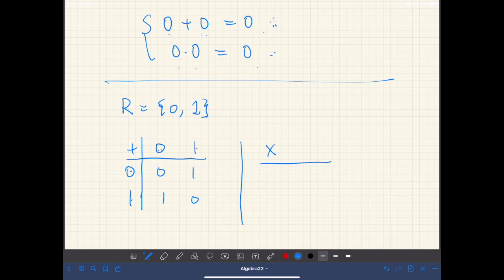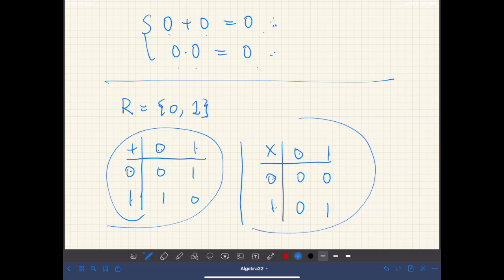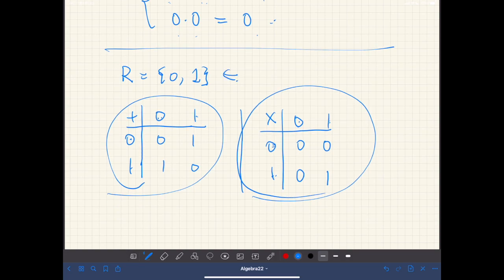About the multiplication, 0 times 0 is 0. 0 times 1 is defined to be 0. 1 times 0 is 0. 1 times 1 is 1. If we define addition and multiplication in this way, then this set R is a ring. Not only just a ring, it is actually an integral domain.